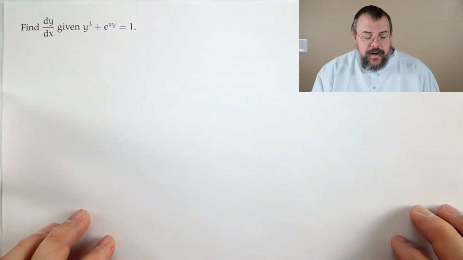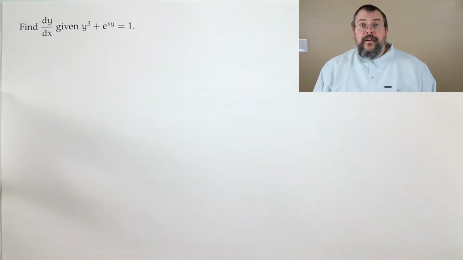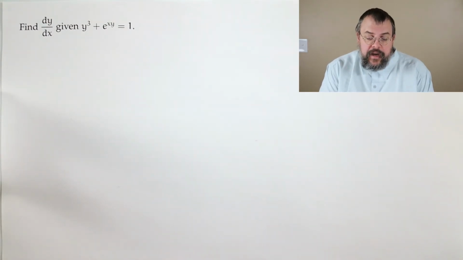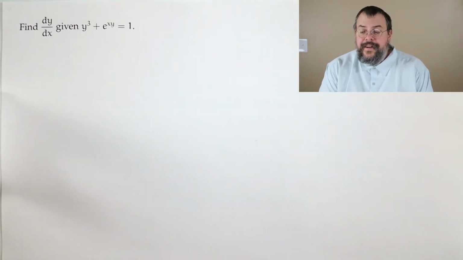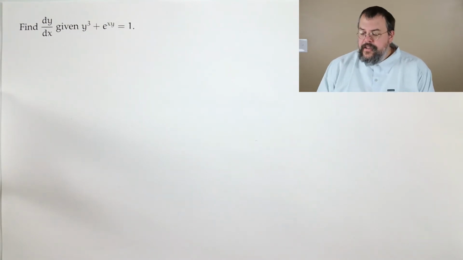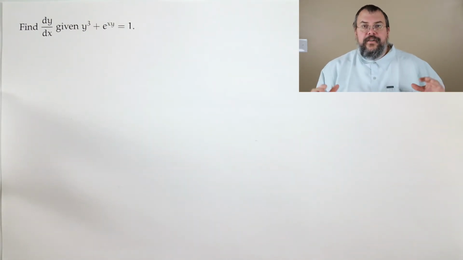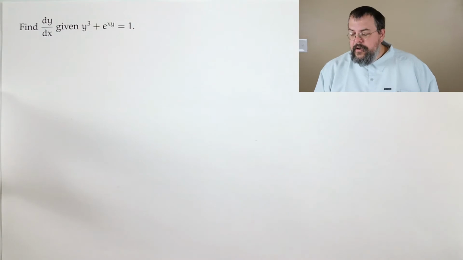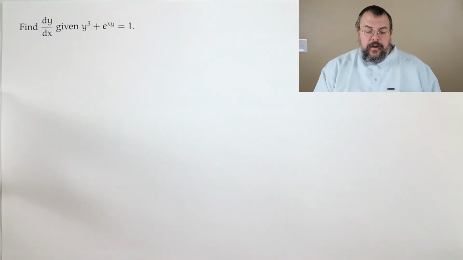So, find dy dx given y cubed plus e to the power xy equals 1. All right, good. So, straightforward, we're just finding the derivative, and let's go for it. Remember, what are we thinking of?